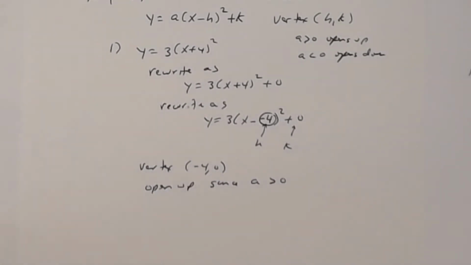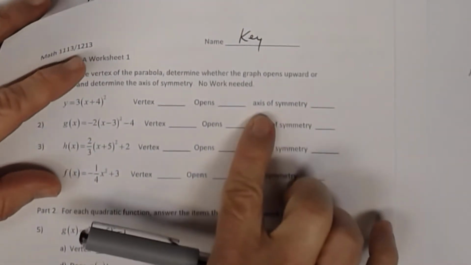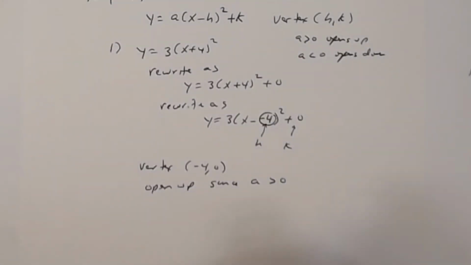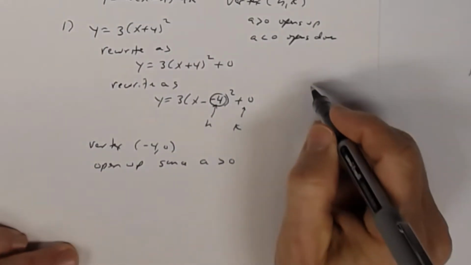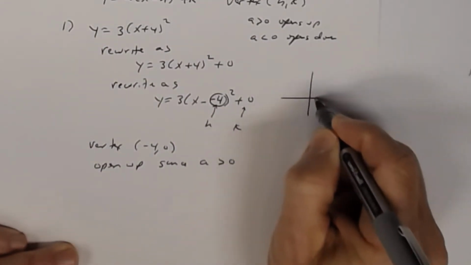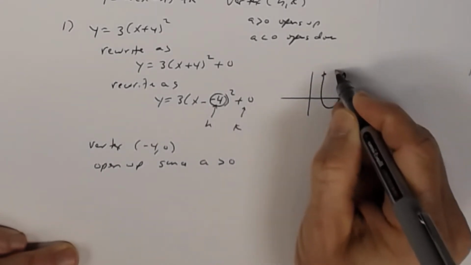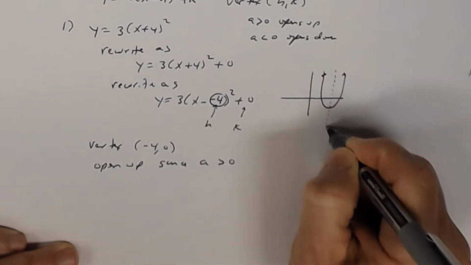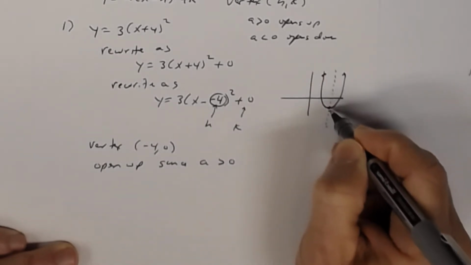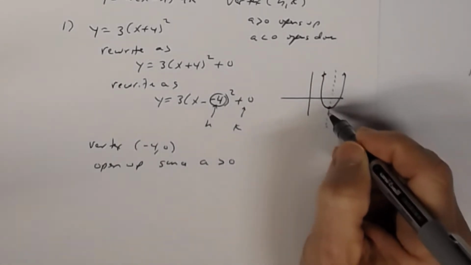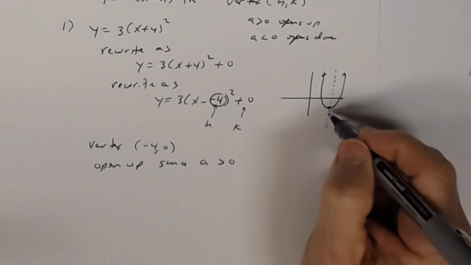Then the other thing we wanted you to do is to determine the axis of symmetry. Remember when we talked about the axis of symmetry in previous lessons. So this is your parabola right here. The axis of symmetry goes right through the vertex. So if you're going to determine the axis of symmetry, it is very helpful to know the vertex, and we found the vertex.